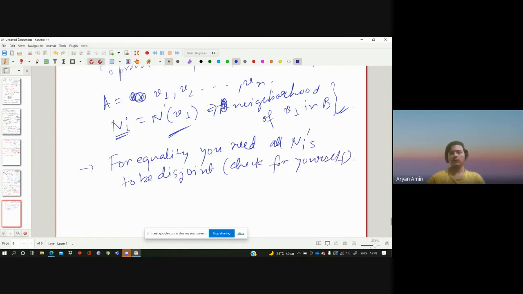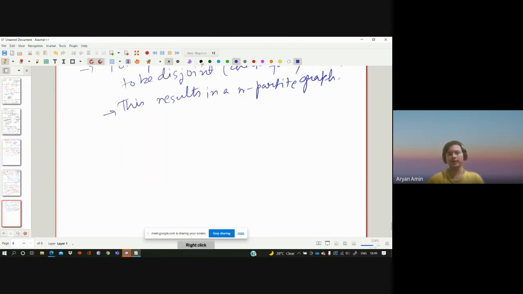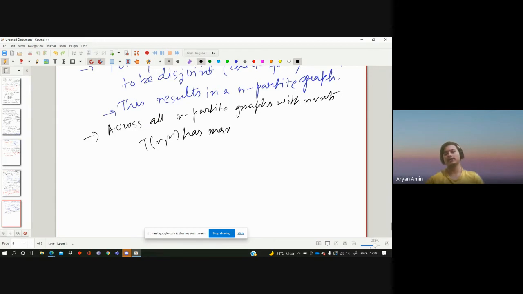So this results in an r-partite graph. And we also know a fact that across all r-partite graphs with n vertices, T(n, r) has the maximum number of edges.